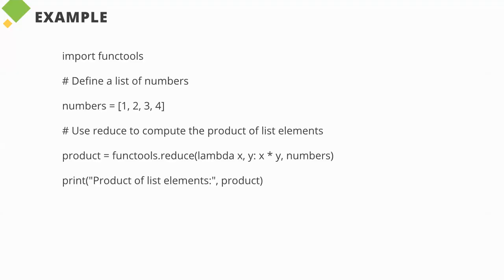Let's move on. Importing functools. Here the list is numbers, numbers equals 1, 2, 3, 4. functools.reduce with a lambda, a one-line function, x into y, over numbers.